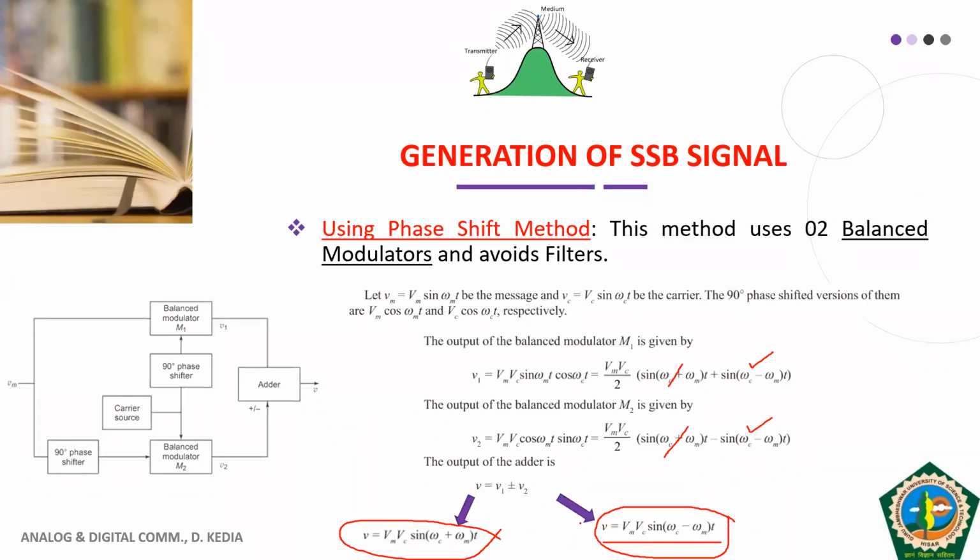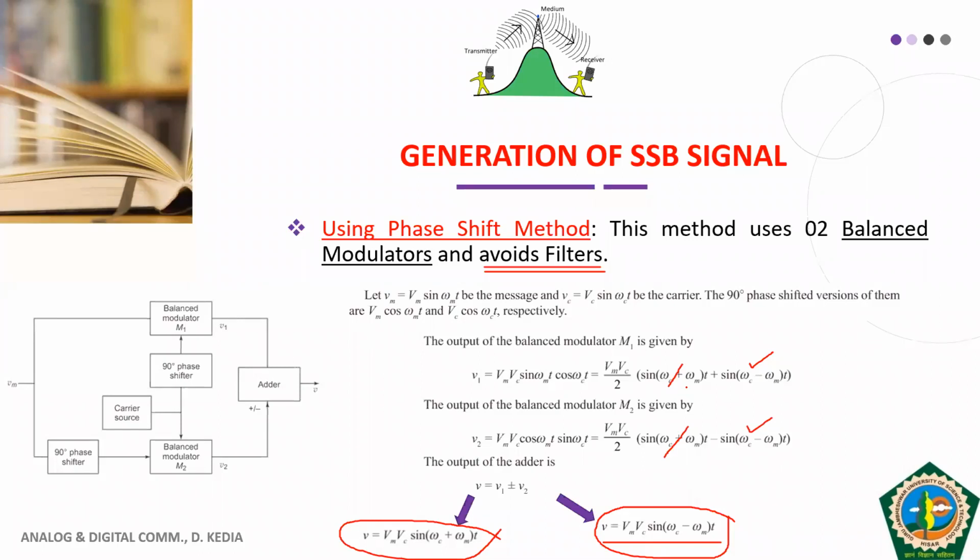So you can very easily understand here that just by mathematically manipulating and realizing those mathematical expressions correspondingly by a block diagram, we can generate a single sideband signal. And we have not used any filter anywhere, so you can very easily see that we could generate a single sideband signal without any problem.